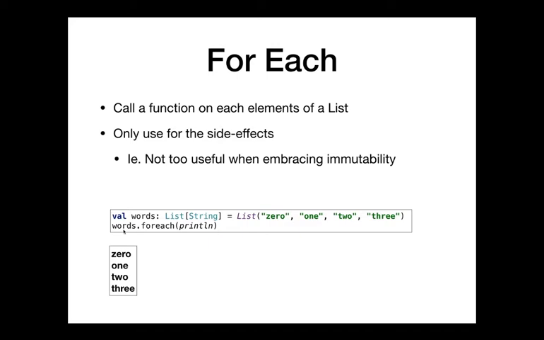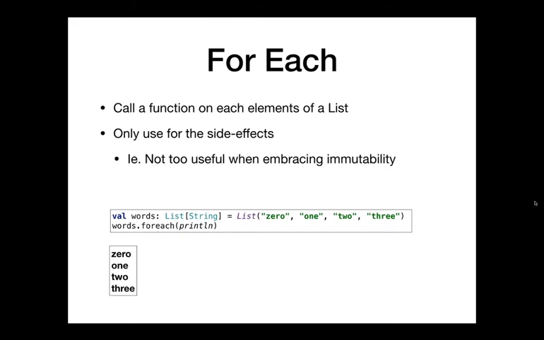Here we're worried about the state of the console, and that's what's being modified here. If we don't have any state, then for each isn't too great for us. But when we're not in a pure, immutable, functional programming mindset, for each can have its uses. I'll use it throughout today's lecture just to call print line, just to print things to the screen, not something we normally do in a final product though.